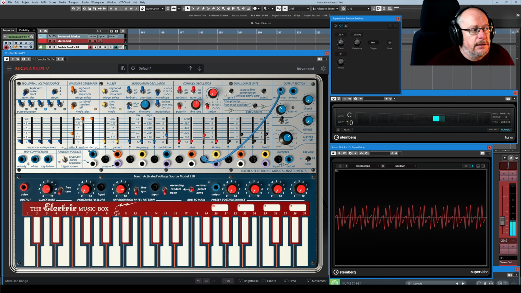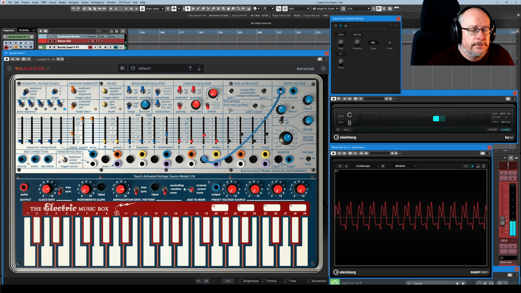Let's just set it into low frequency mode there. This modulation output is directly accessible from your mod CV out socket. So this is in addition to the hardwired connections here.